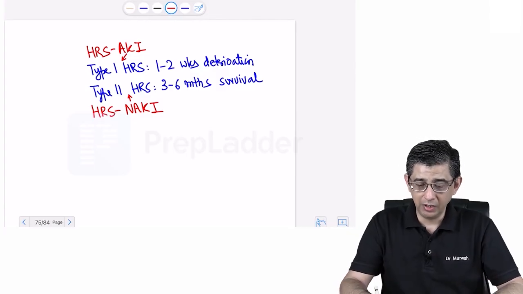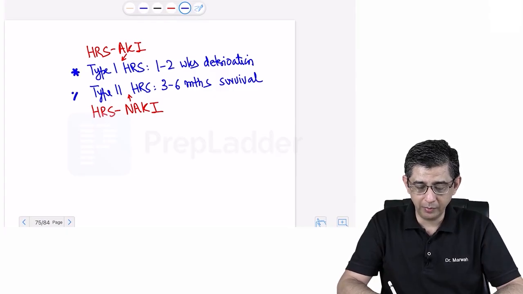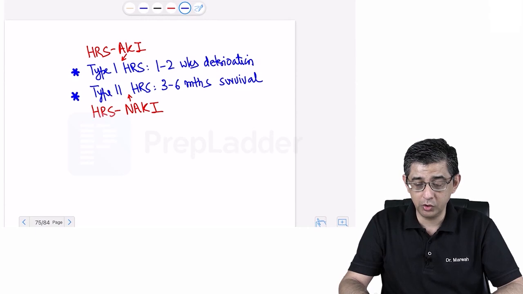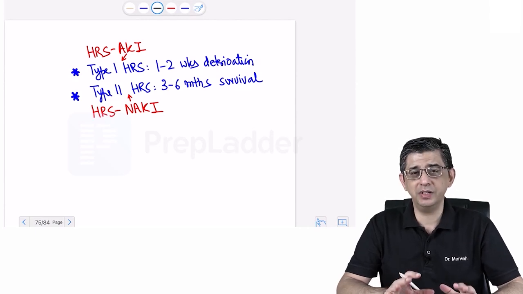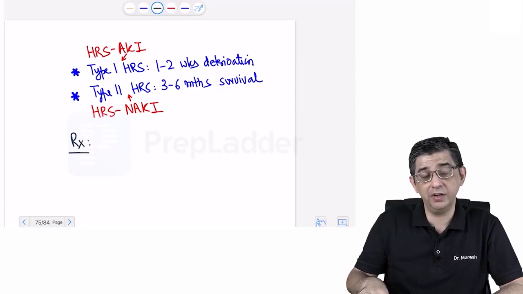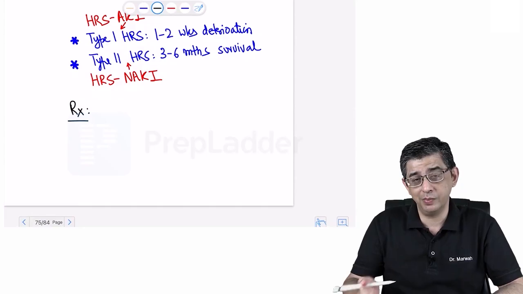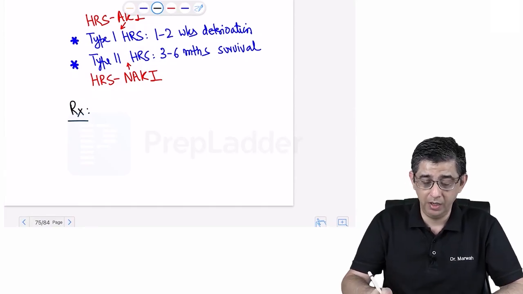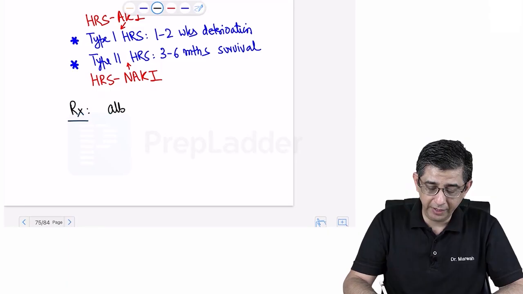In case they ask questions from the older edition of the textbook, great, but you should also be familiar with these new terms. It's simply that the progression of the disease will be relatively slower and the patient has a dire need of liver transplantation because the liver is at fault. However, that will take some time.